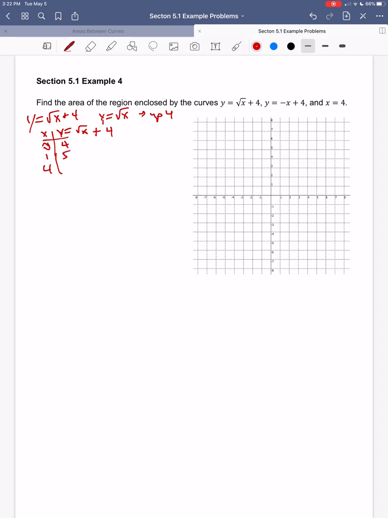Square root of 4 is 2, 2 plus 4 is 6. So we get 0, 4, we get 1, 5, we get 4, 6. We would actually get 9, 7 if we plugged in here. Square root of 9 is 3, 3 plus 4 is 7. So 9, 7 would be over here about, somewhere like that. So that's my square root graph.